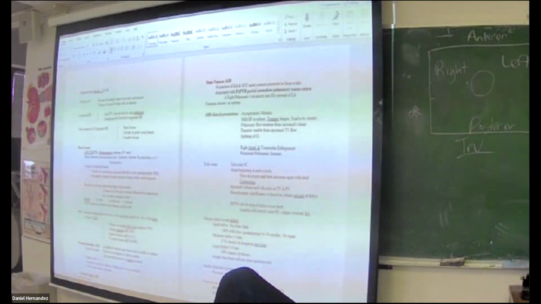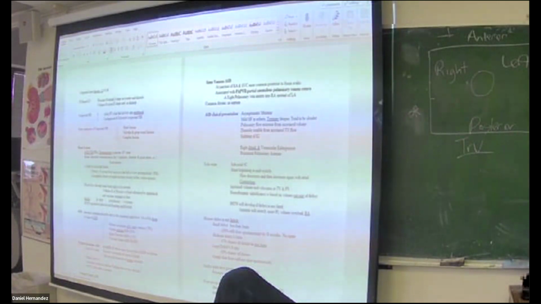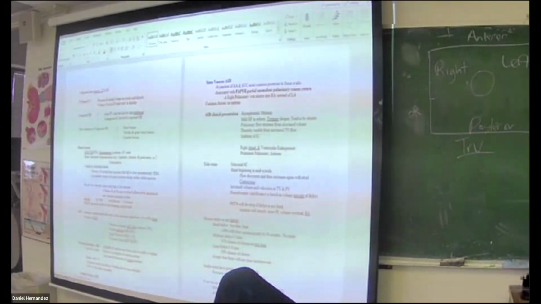That's the medical term for heart attack. CVA is cerebrovascular accident, so that's a full stroke. We're going to learn about different types of strokes, like mini strokes where the symptoms go away within 24 hours.